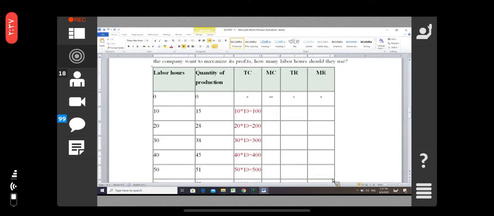Now we have to calculate the second column, which is marginal costs.